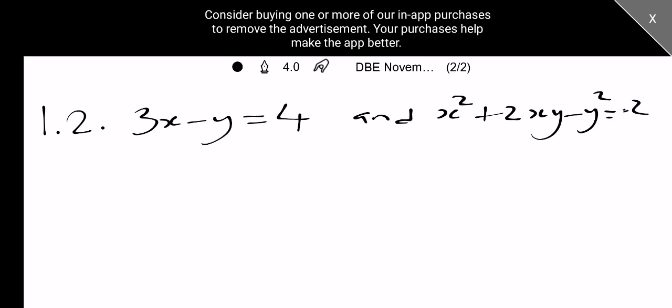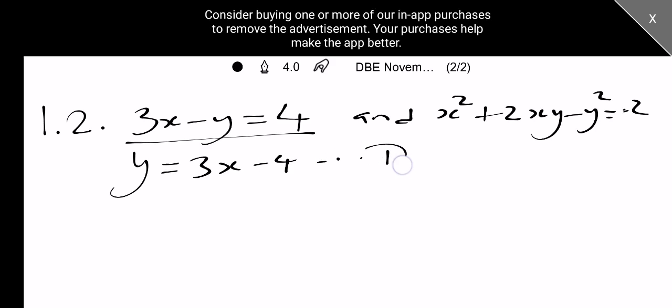Now guys, this is a simultaneous equation. Look at this equation. It's got y in it, and its coefficient is negative 1. So we're going to make y the subject of the formula. We're going to remain with y equals 3x minus 4.